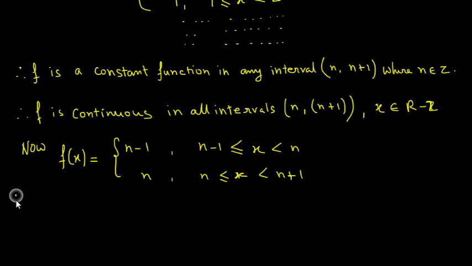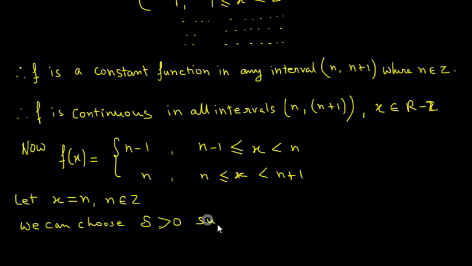Let x equal to n and n is the element of Z. We can choose delta greater than 0 such that n minus 1 is smaller than n minus delta but less than n.